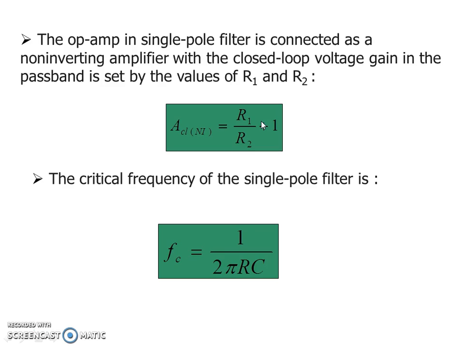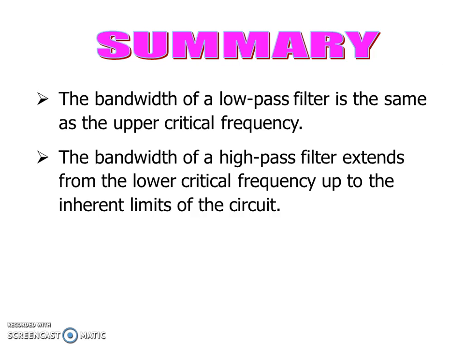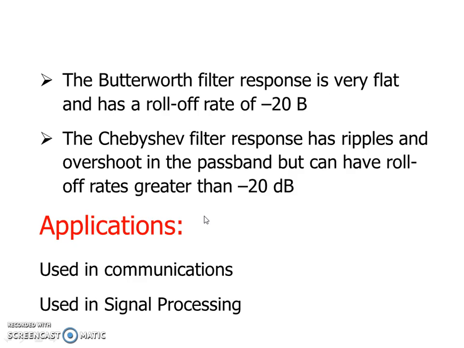And if you go for the summary for the design of a high pass filter, it is mentioned here that the band of a low pass filter is the same as the upper critical frequency. The band of a high pass filter extends from the lower critical frequency up to the inherent limits of the circuit, the maximum value you can have.